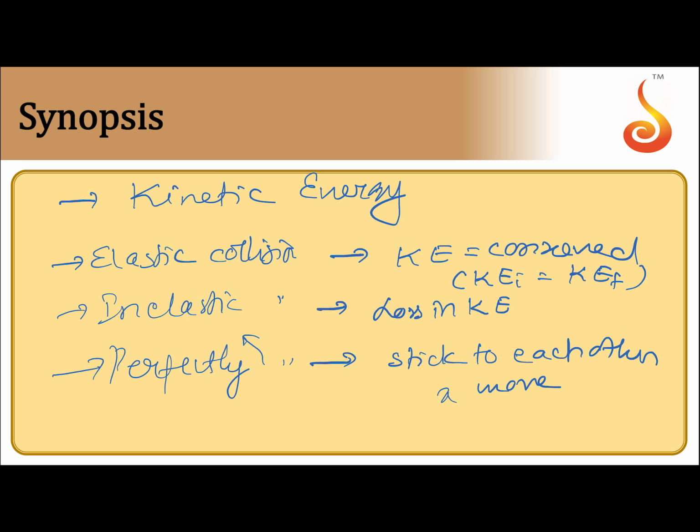So, what are the two types of collisions we have? We have one based on the direction and the second based on the idea of kinetic energy conservation. The types are like this.